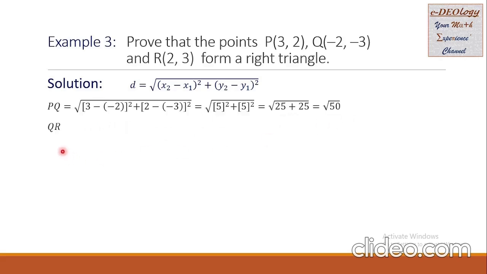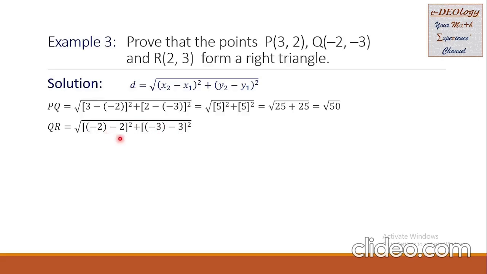Next, the side QR. By distance formula, we write negative 2 minus 2, then we will square, plus negative 3 minus positive 3, then we will square. Let us simplify the radicand.